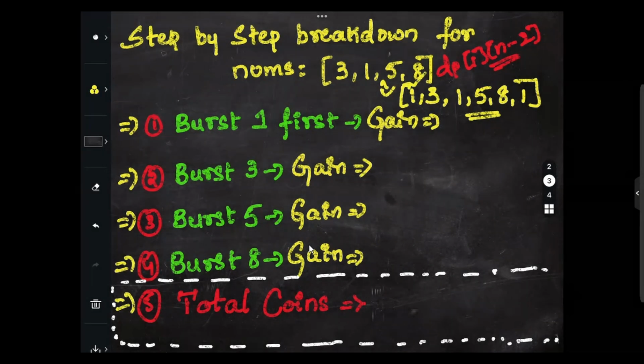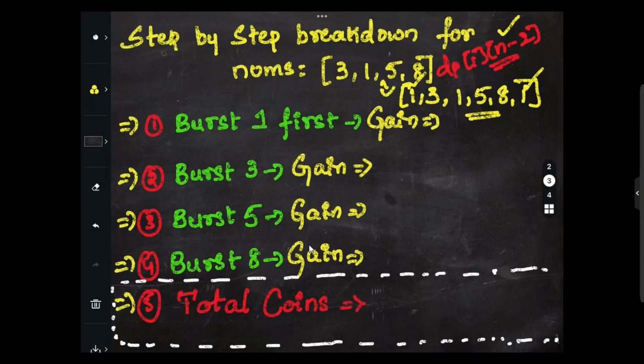Because we have added 1 at the beginning and 1 at the end, so we are considering n minus 2 here. So this will be dp of 1, n minus 2. I hope this is clear. The final answer is stored in dp of 1, n minus 2 since nums was expanded, with 1 added at the beginning and 1 at the end.